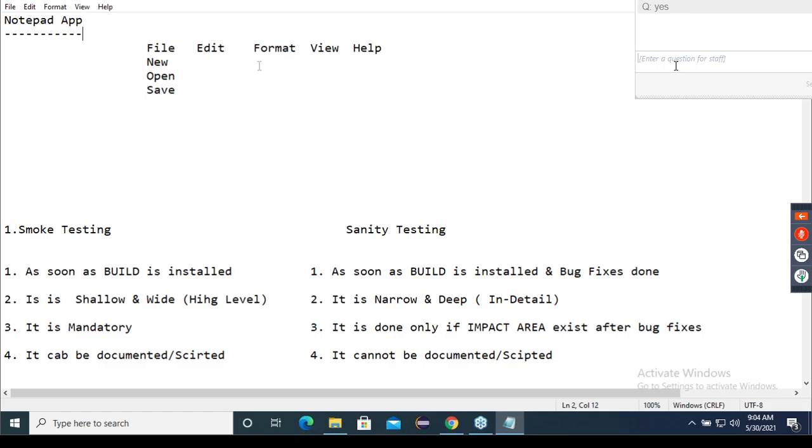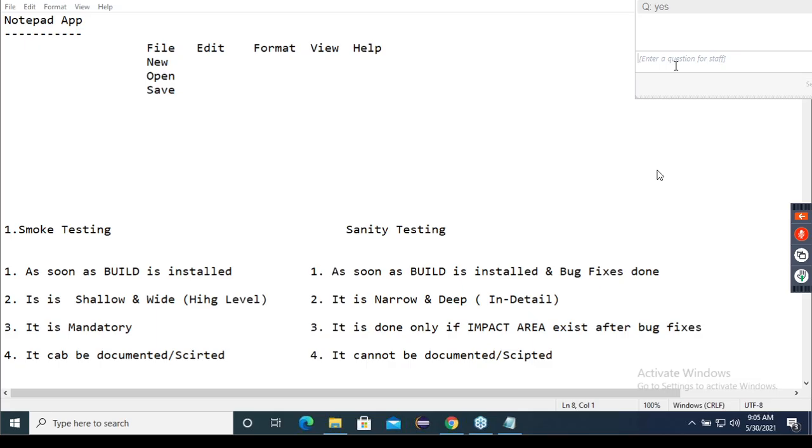File, edit, format. File, edit. Good, guys. Help is a basic. Very good. Boss, the answer is file is a basic or critical feature, and edit.